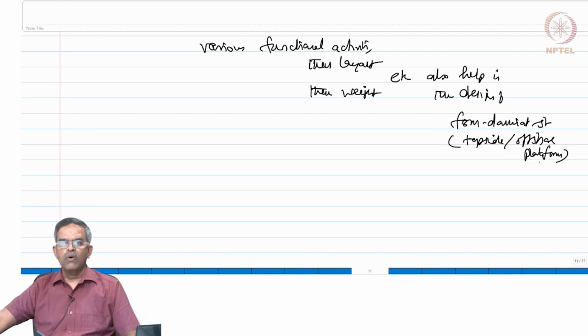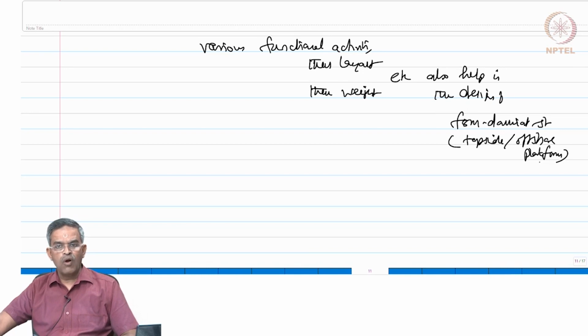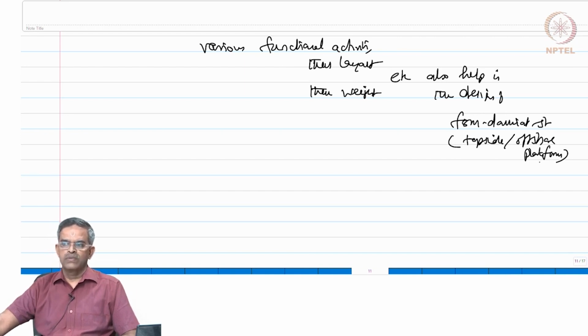Okay? Therefore, it is important to ensure that the large displacement structures like form dominant systems maintain geometric stability while they are under activation of loads, because they undergo large deformation.